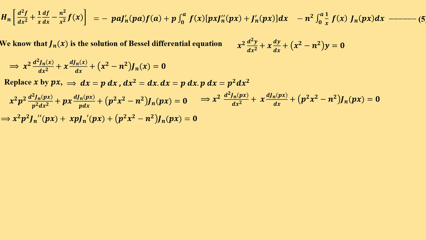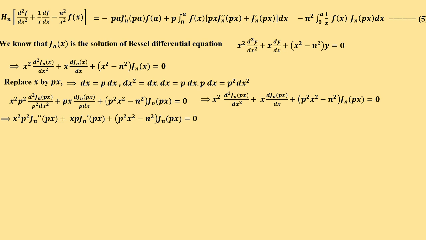Therefore, this implies x square p square Jn double dash of px plus, because d square Jn of px, you will get 2 times derivative, right? Jn of px, the derivative of Jn of px is Jn dash of px into p, right?